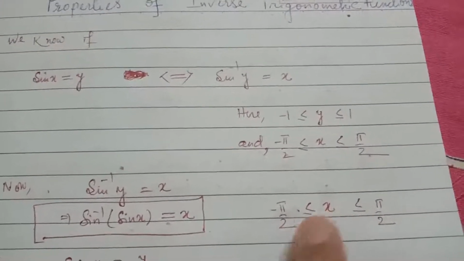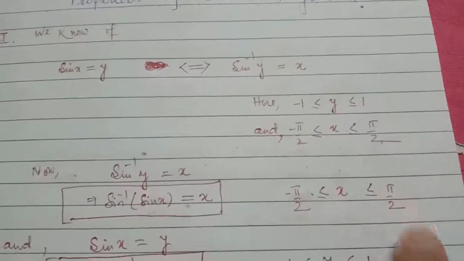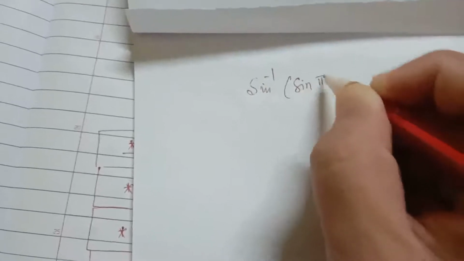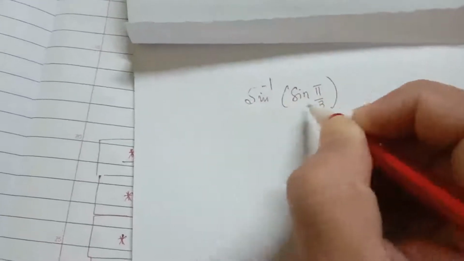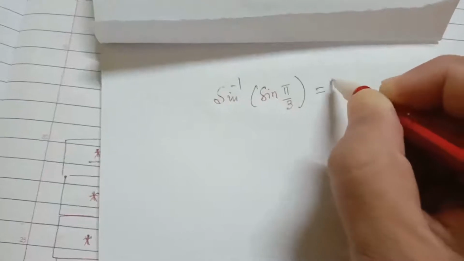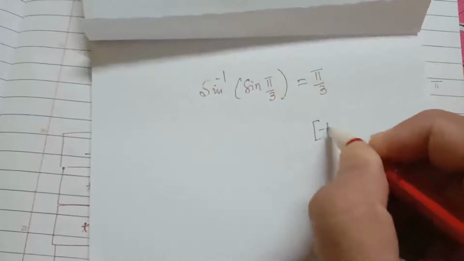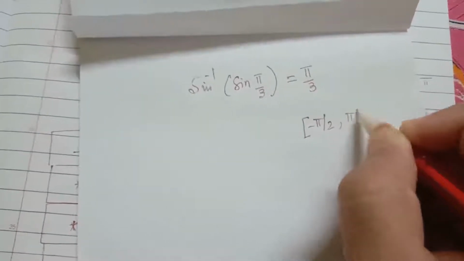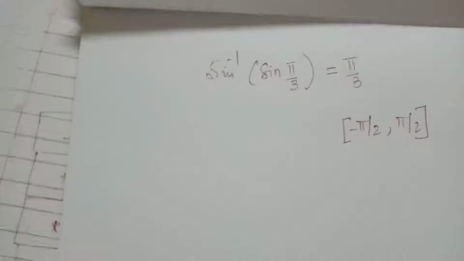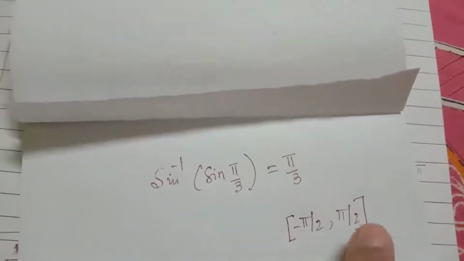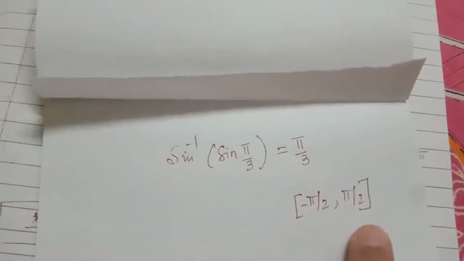That means you can say sin inverse of sin pi by 3 is equal to pi by 3, as pi by 3 lies in between -pi/2 and +pi/2.